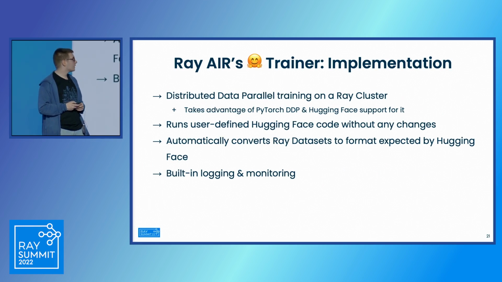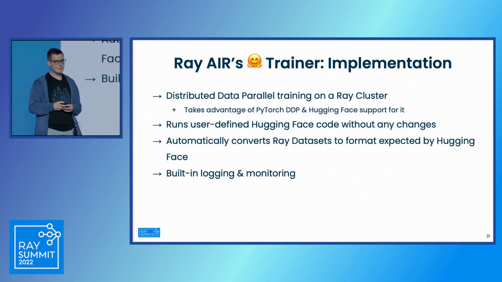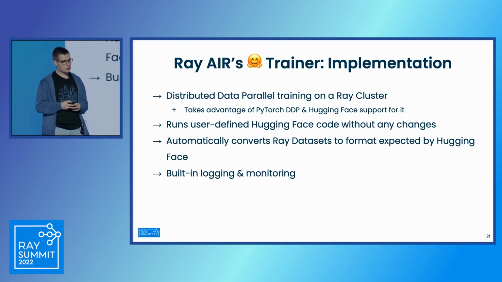So how is the Ray AI Hugging Face trainer implemented? In essence, it uses distributed data parallel training on a Ray cluster, and it takes advantage of PyTorch DDP training and the fact that Hugging Face is a wrapper around PyTorch and other libraries, but we are focusing on PyTorch here. It allows you to run any user-defined Hugging Face code without any changes.